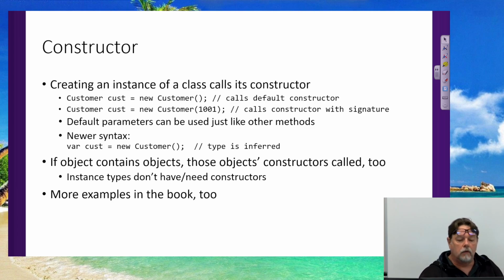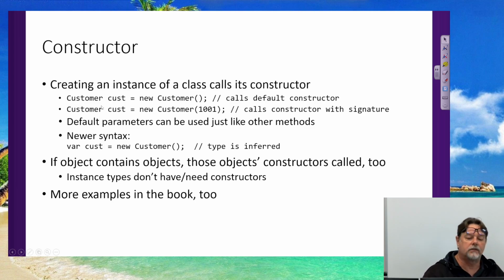And there's also a new modern version of this, because even providing the customer, the data type of this variable is redundant because we know what it's going to be. We're creating a new customer object, so obviously the data type is going to be customer.